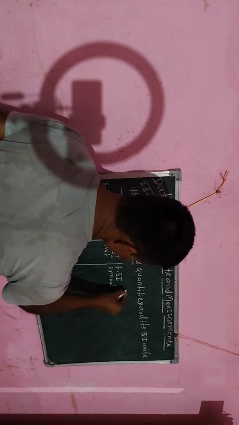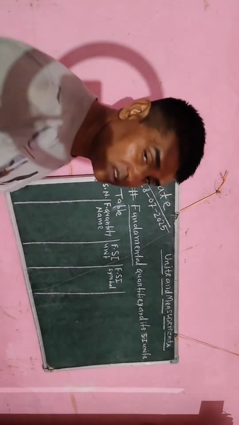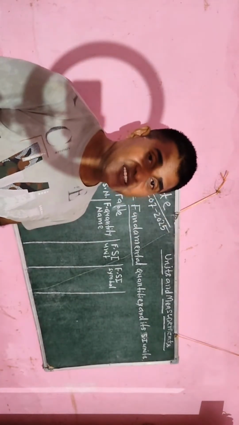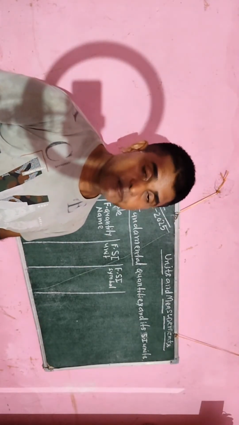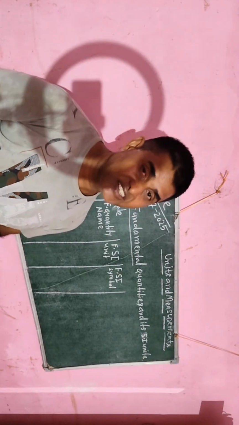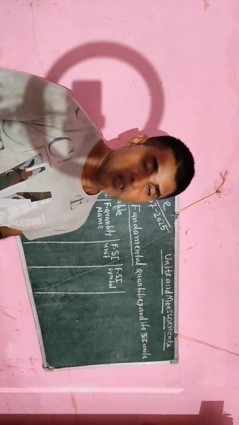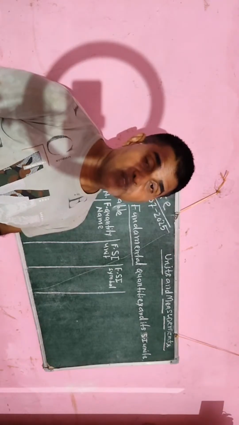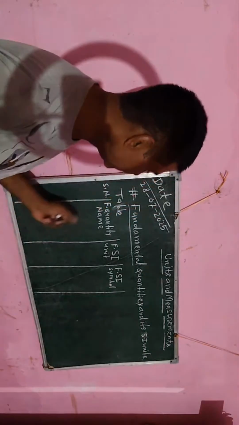Fundamental SI symbol, because all information I will include in a particular table, and if you understand the table, all concepts will be clear. All data I have summarized here, and if you know this data, your solution of any question will be very easy, because all information I will add here.